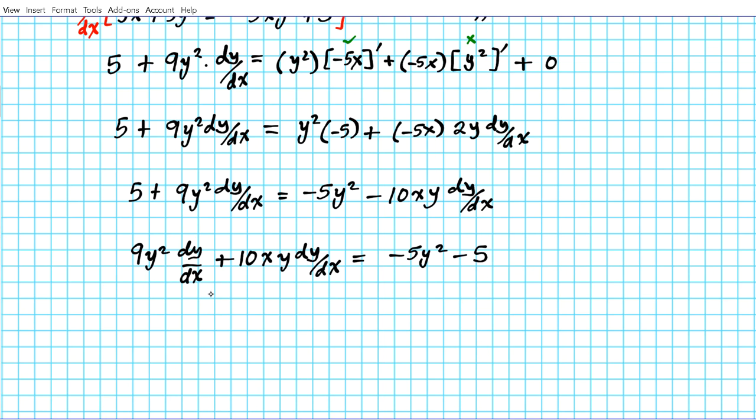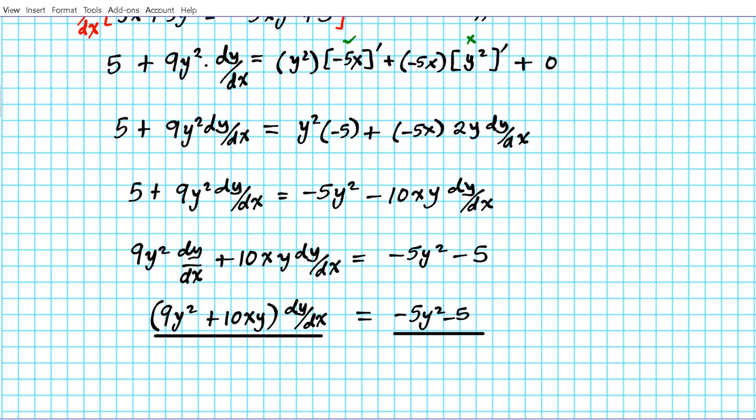Alrighty, now we're going to proceed to factor out dy/dx from these two terms on the left side so that we can isolate dy/dx. 9y squared plus 10xy, and then factor out dy/dx, equals negative 5y squared minus 5. And then to get dy/dx by itself, we're just going to divide both sides of the equation by the coefficient of dy/dx.